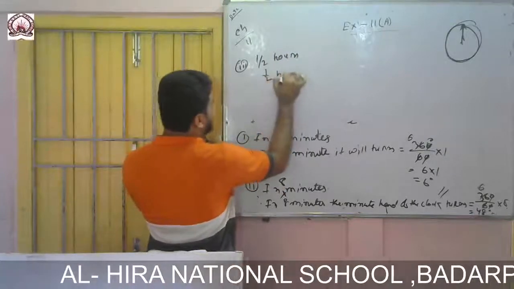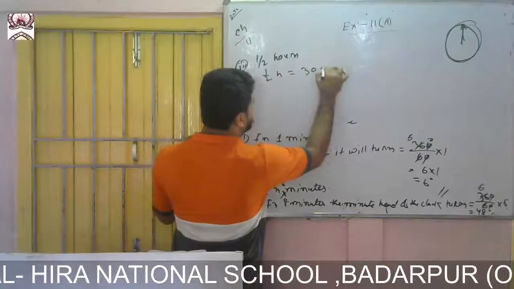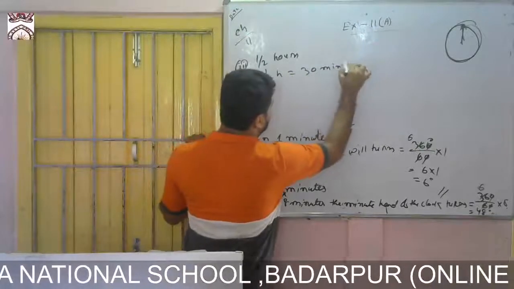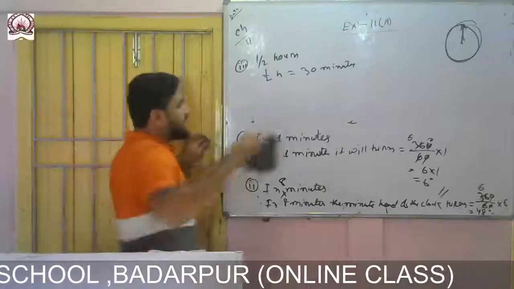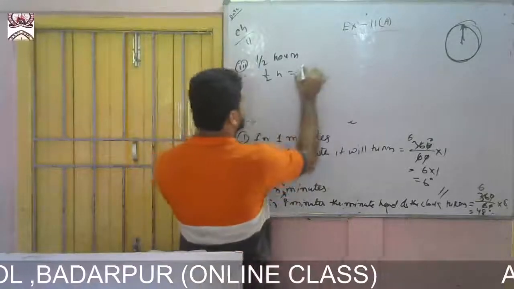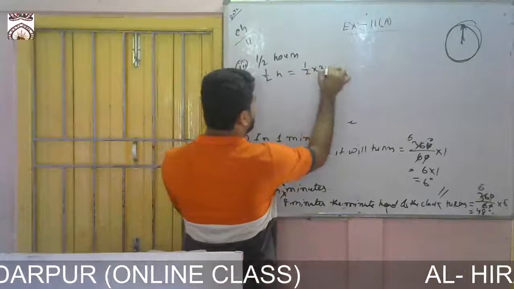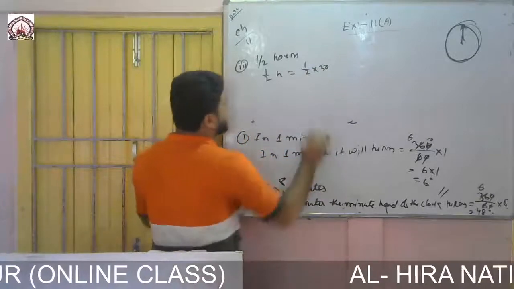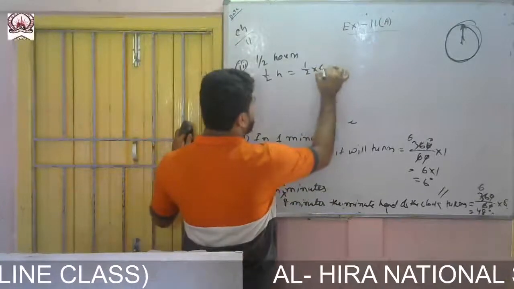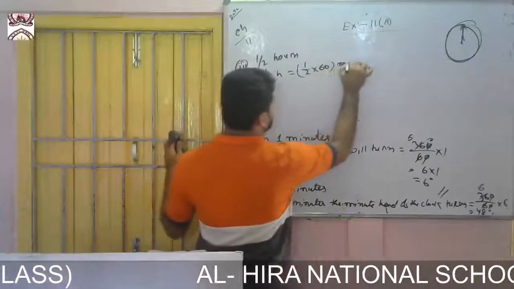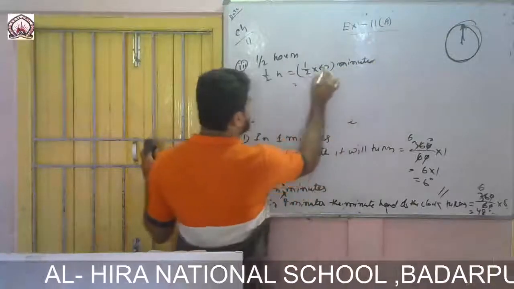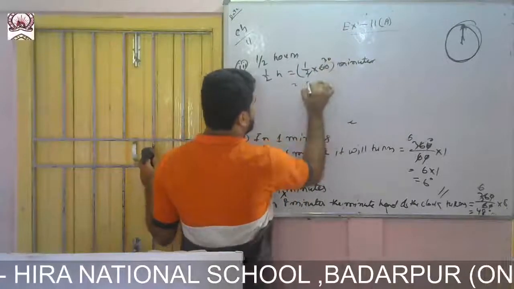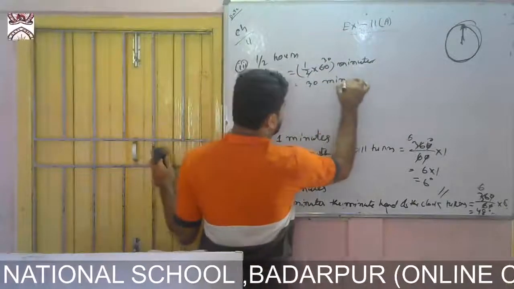Half hour I can convert equals to 30 minutes, because half into 60, I am converting into minutes. So it will be 30 minutes.